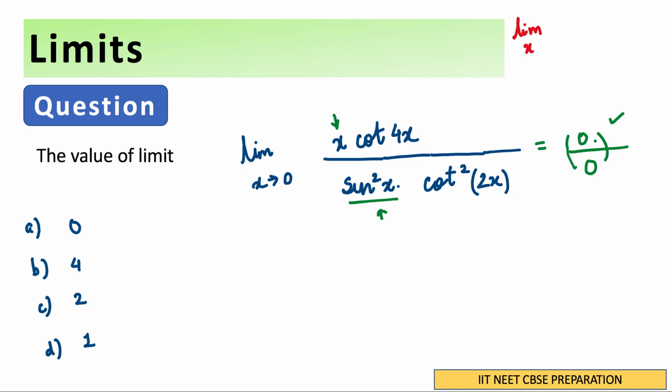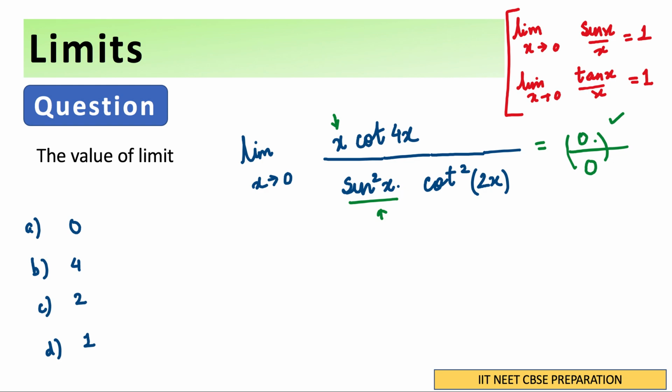Limit x tends to 0 of sin x by x is 1, and similarly limit x tends to 0 of tan x upon x is also 1. These two results we already know, and we will make use of them in this question.